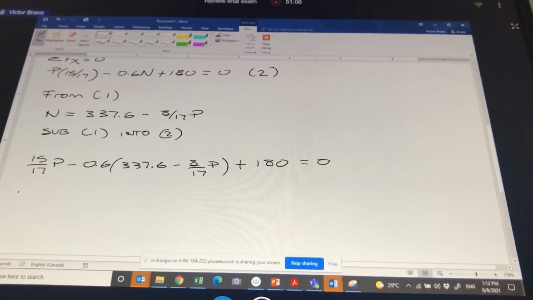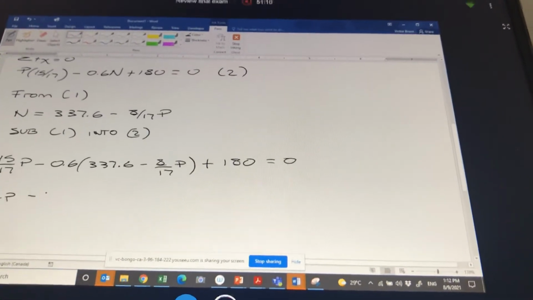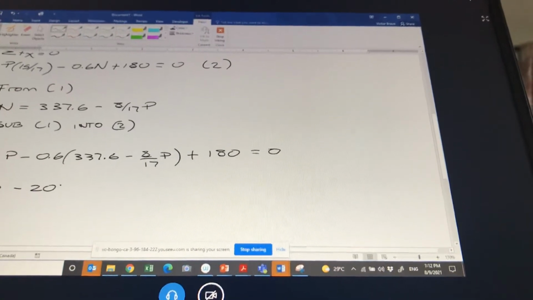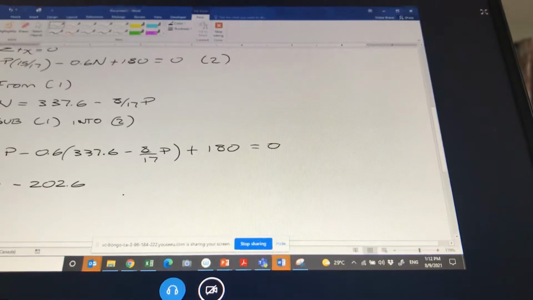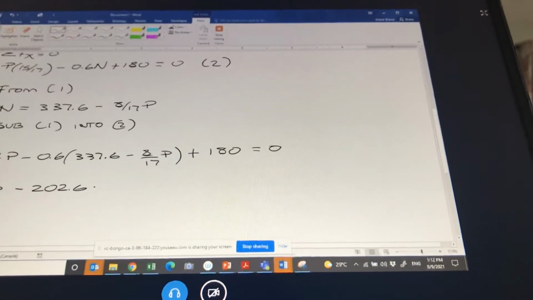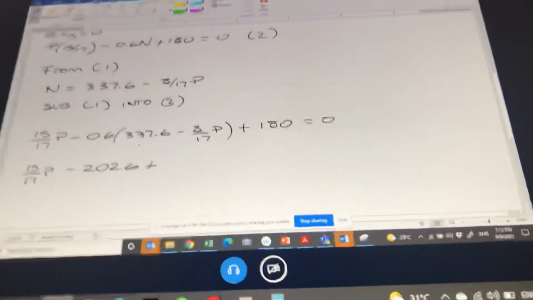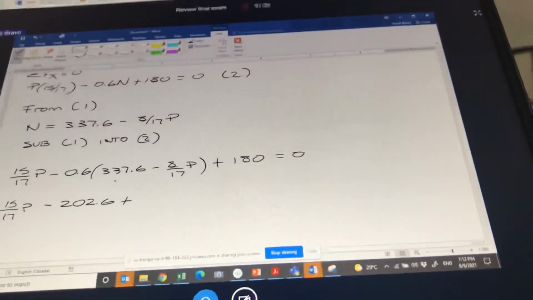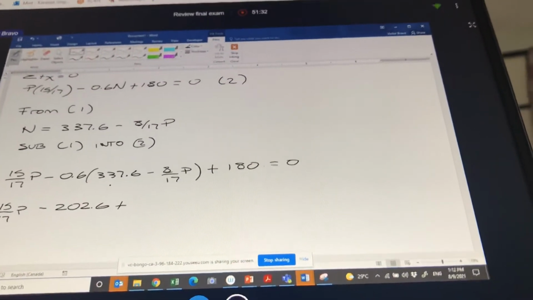So let's write this again. 15 over 17 P minus 202.6 plus, let's see, this is 0.6 times 8 divided by 17.